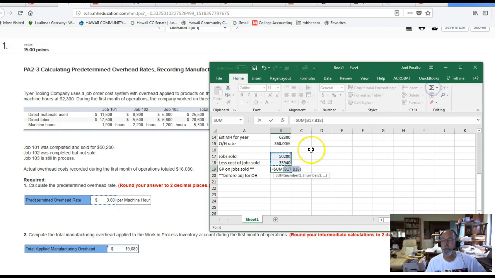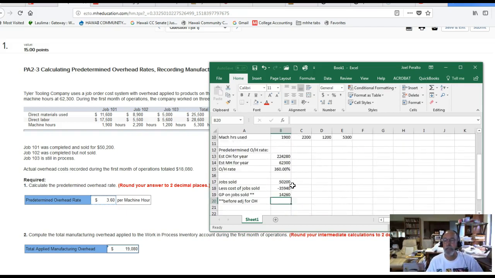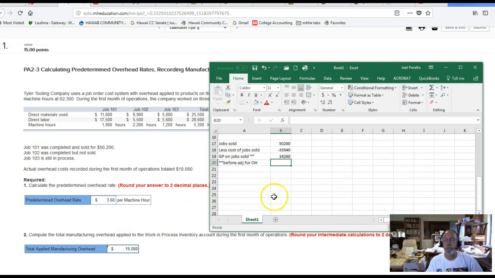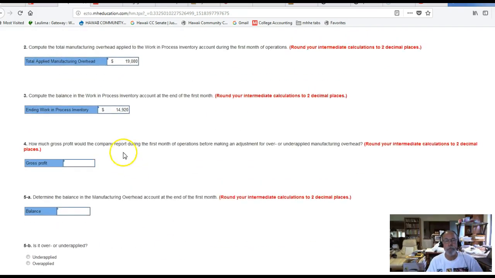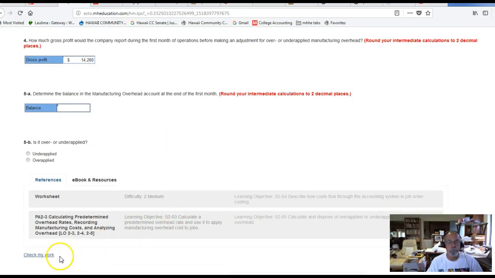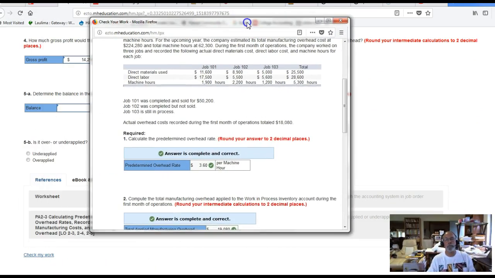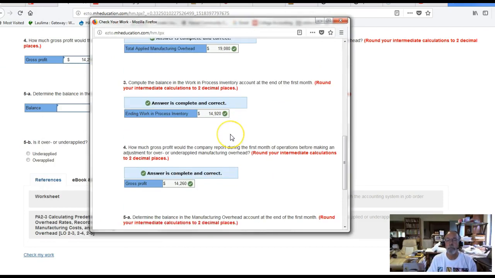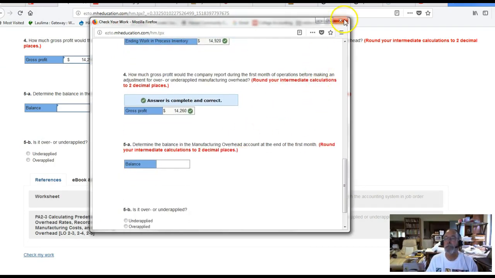And so let's get the difference between those two amounts, and the gross profit on the job 101, which was sold during the month, is 14,260. So let's show that in there. And again, let's check it. Go ahead, that's okay.